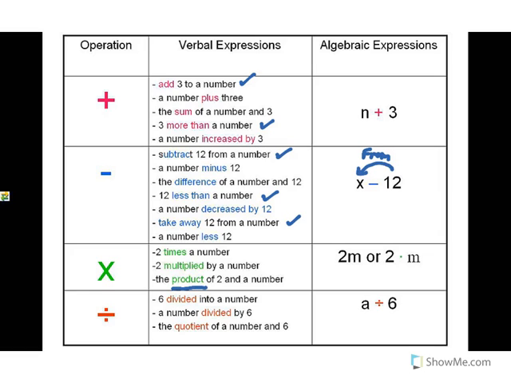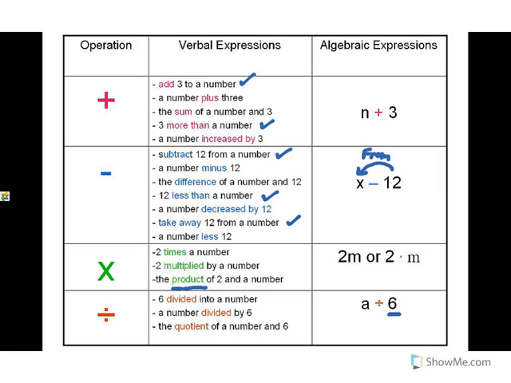Division is the last operation that we'll talk about. 6 divided into a number would be a divided by 6, because 6 is the divisor, the number doing the dividing, and the dividend is a. So a is going to be divided by the divisor, which is 6. 6 is going to try to go into a.